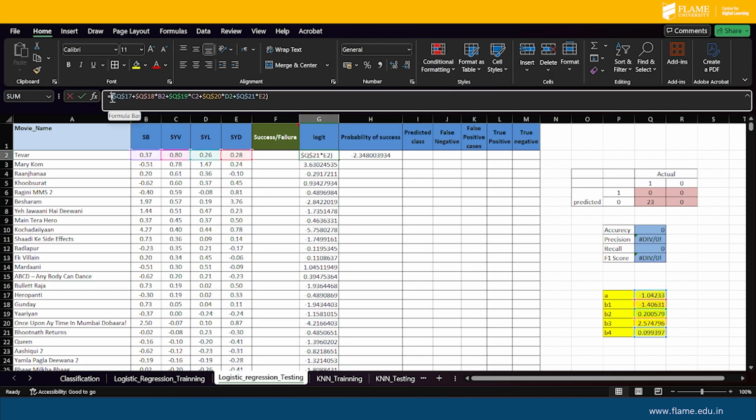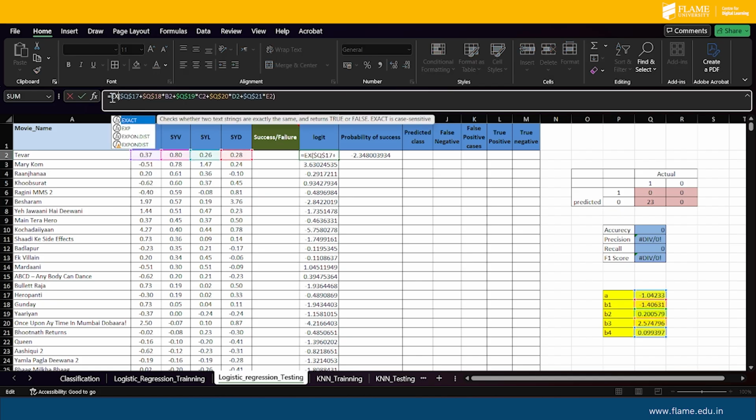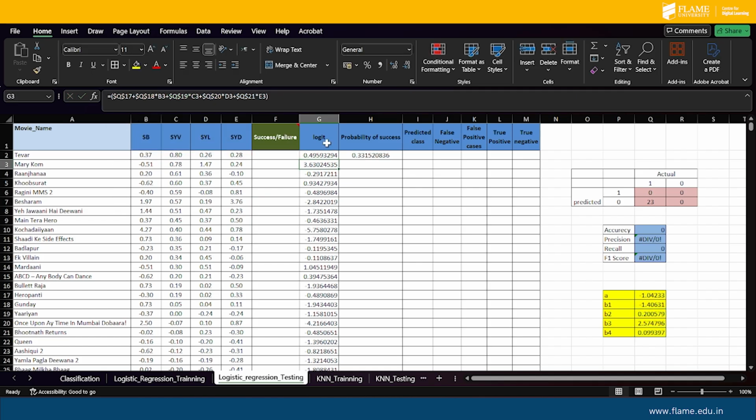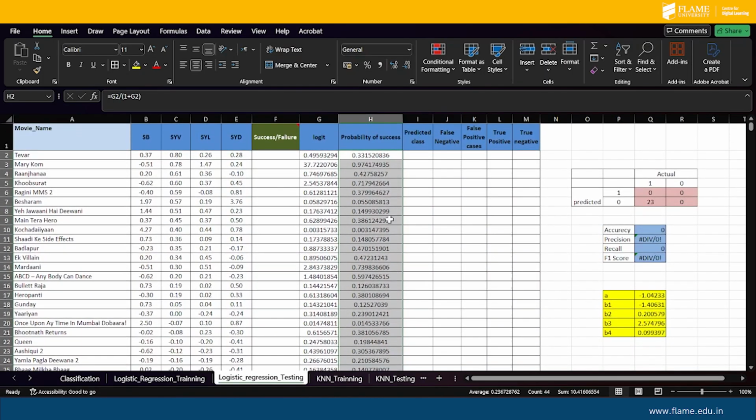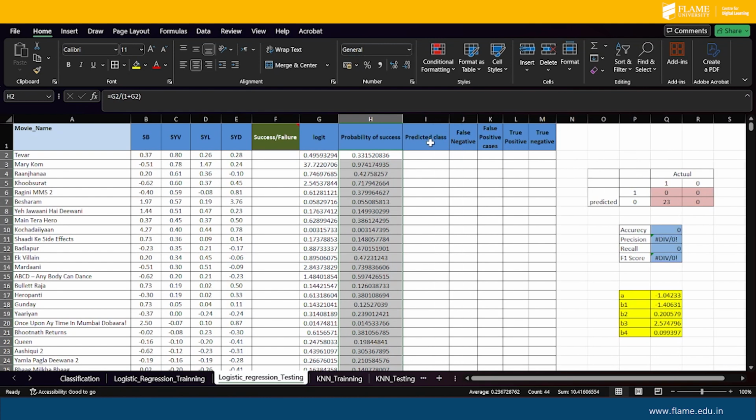So here you have to apply exp, and then again this logit divided by 1 plus logit. So these are the probability values for the success. Now based on this probability value, I can easily find out the class of the particular case.